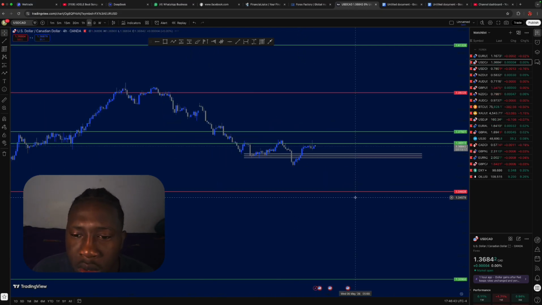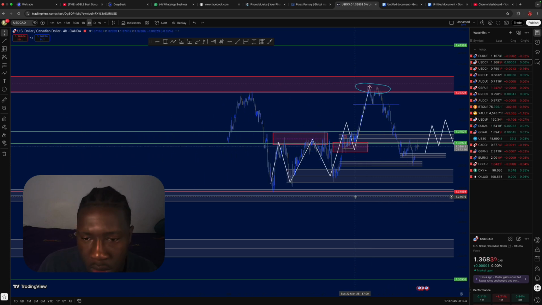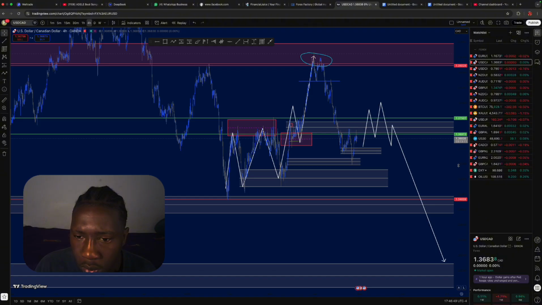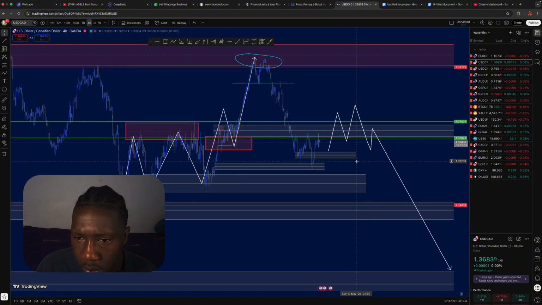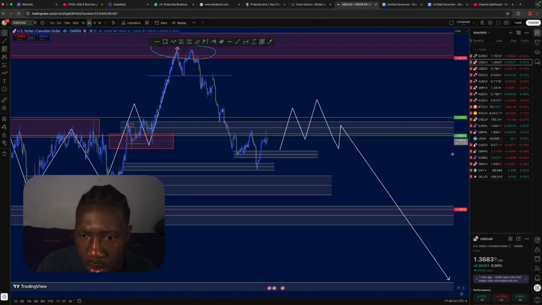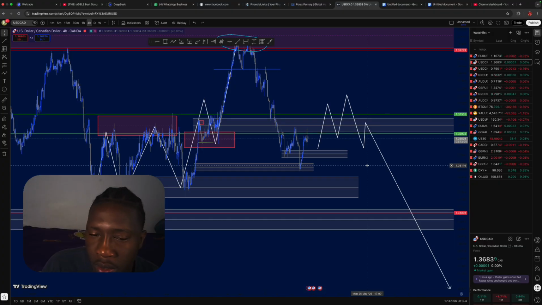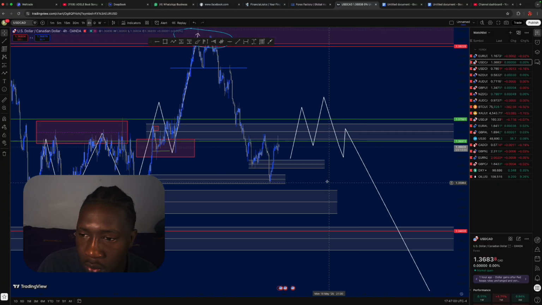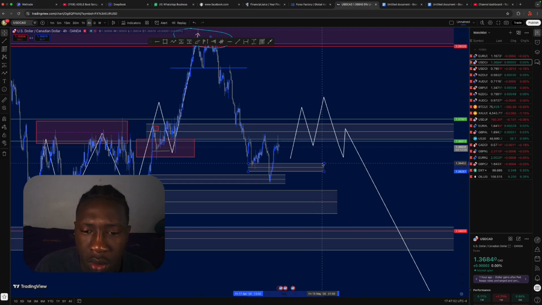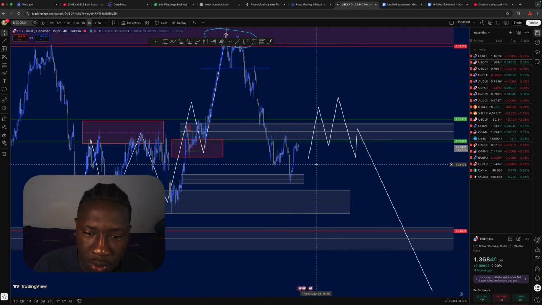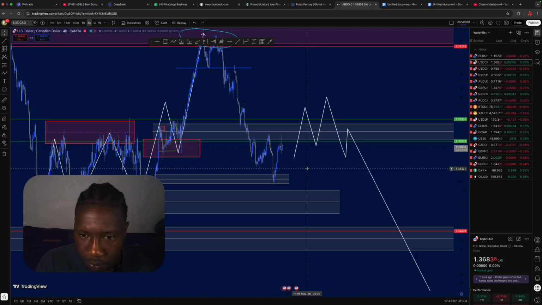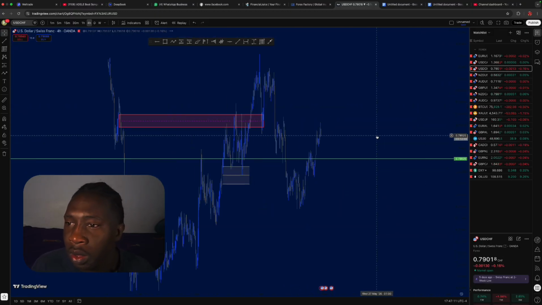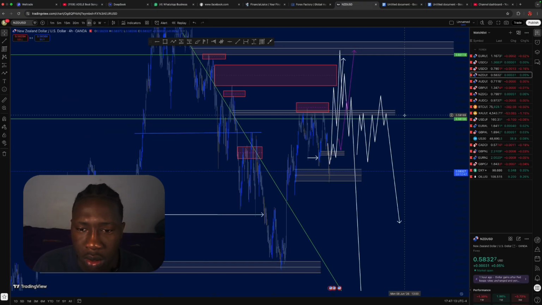Because I can't even see the structure of it. So I don't want to trade blindly, because if I trade blindly, I'm not going to give a good analysis of it. So we need to move to another pair.